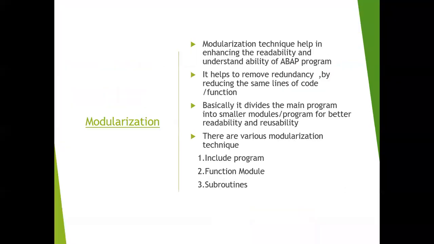Let us discuss them one by one. What modularization does is basically divide the main program into smaller modules or programs for better readability and reusability. You can utilize the same piece of code at multiple places.